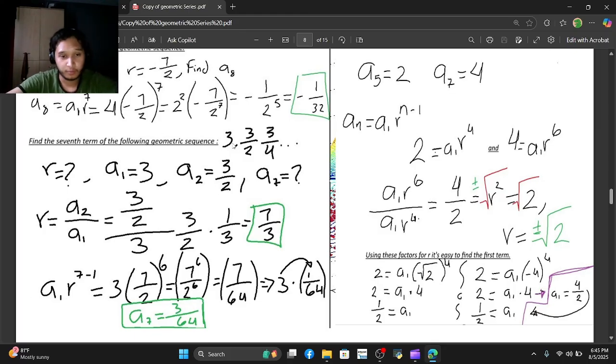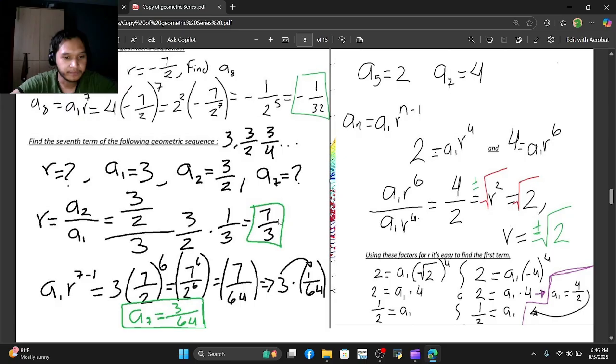So we take the first term. We know what the first term is. It's 3. We take 3 times. Now we want to know the 7th term. I put the 7 right here, 7 minus 1 because I changed the n in the equation. 7 minus 1, 6.